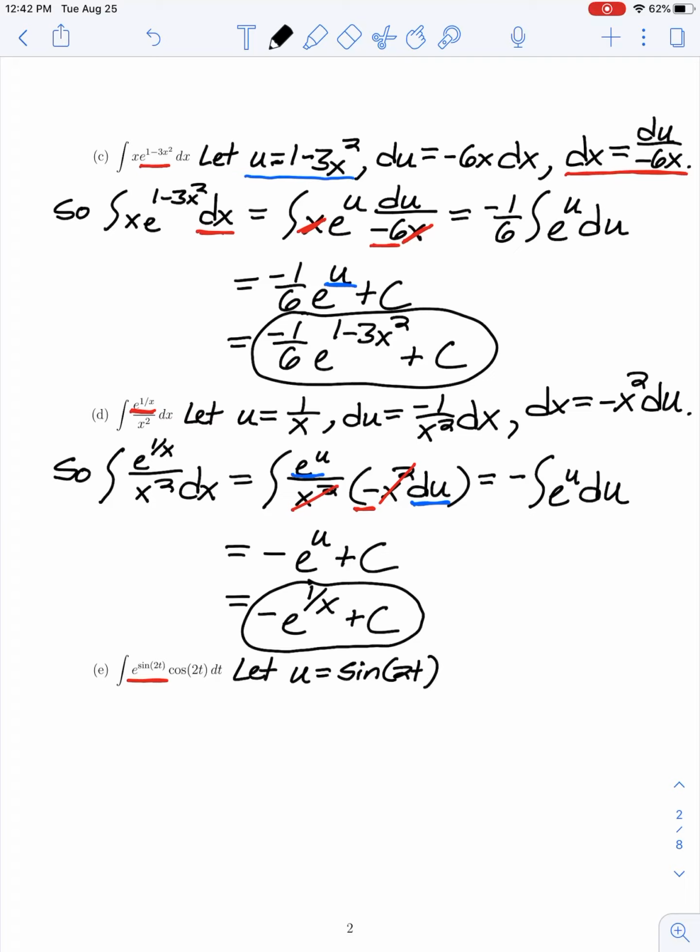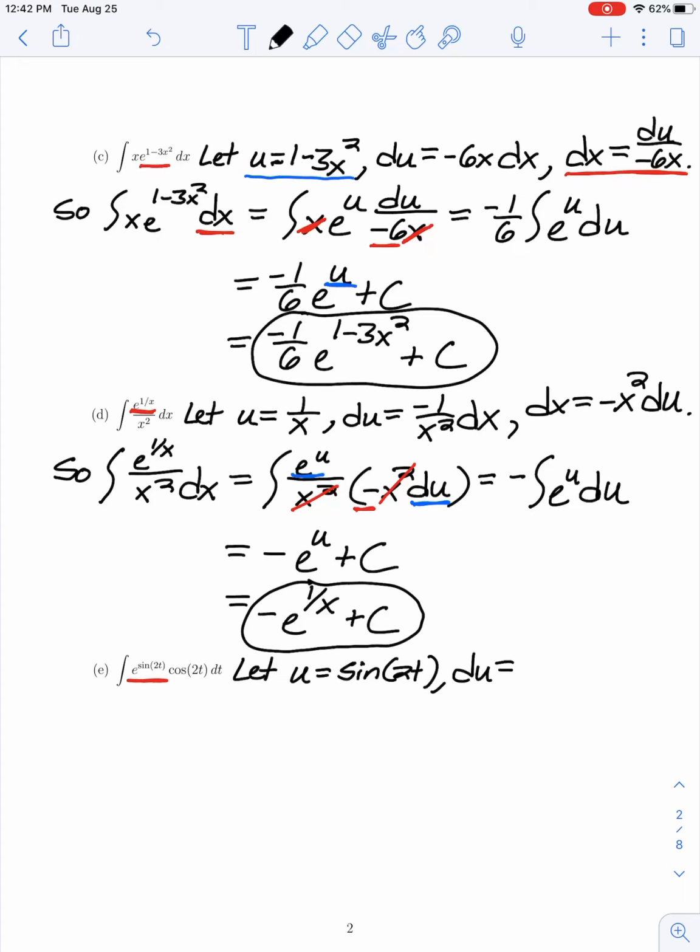So here, as soon as I have made my choice for u, I'm going to try to find the differential of u. Now in this example, u is still a composite function. It's sine of 2t. So when I'm finding my differential du, I'm going to have to make use of the chain rule. So we start by differentiating the outer function.